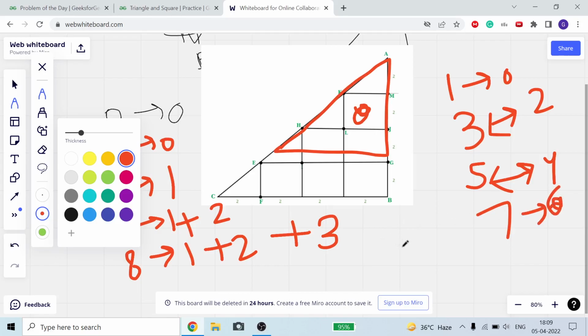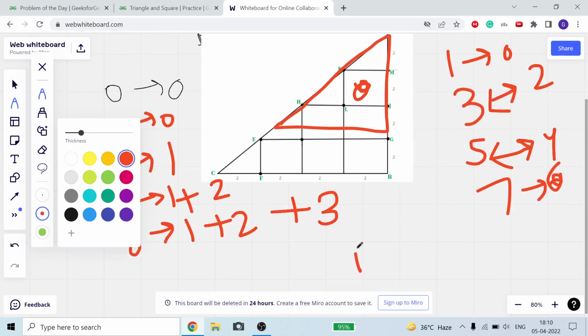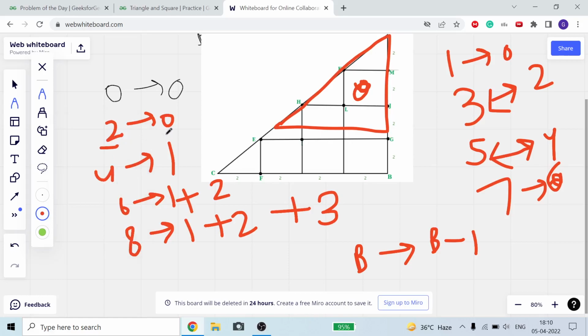So we can say if we have to find the number of squares for b, and b is odd, then we calculate it for b minus 1. If it is for 3, then we calculate it for 2. If we need to find it for b equal to 4, then we can find it directly. Likewise, for 5 we just need to calculate 4.